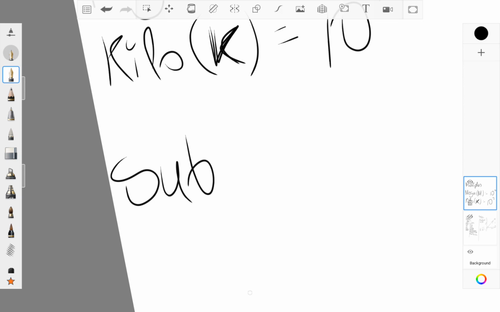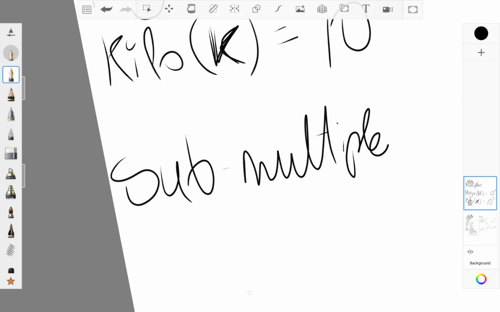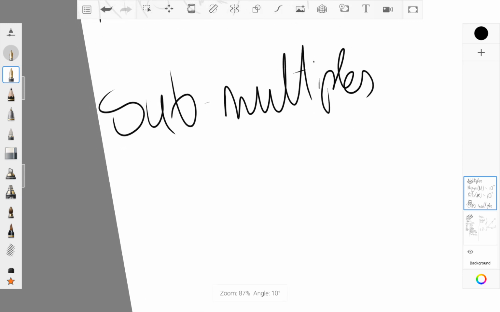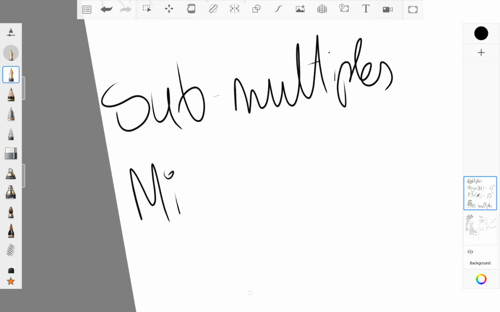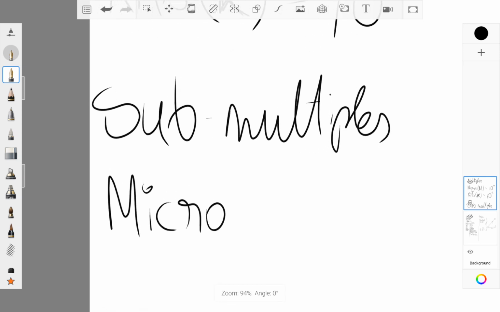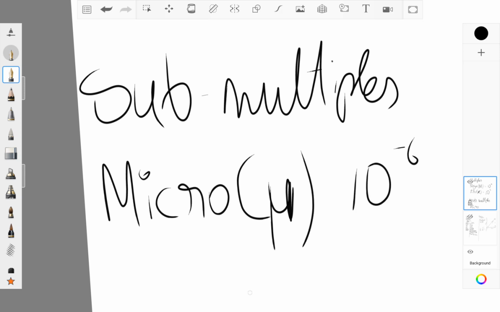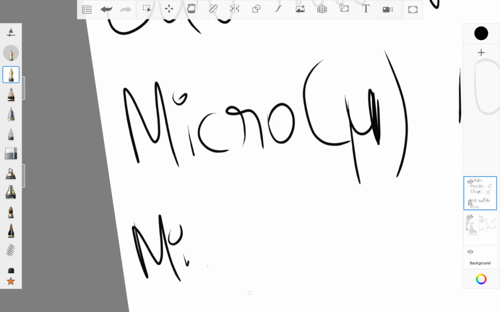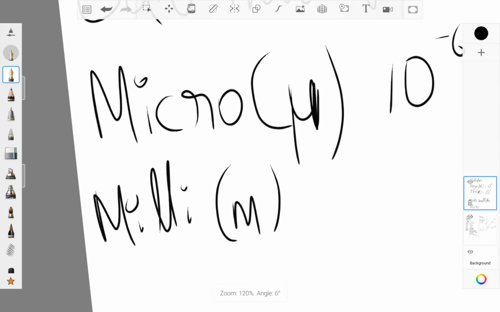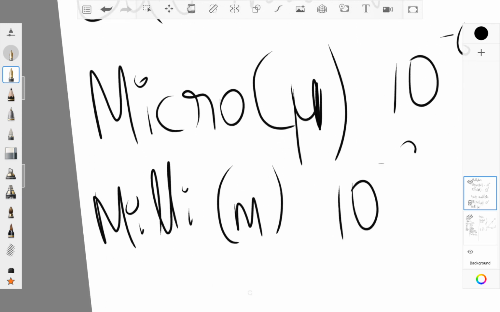Submultiples, these are the smaller ones. The ones that you should know are micro. The symbol for this is this, and it is 10 to the power minus 6. You have milli, which is a small m, and milli is 10 to the power minus 3.